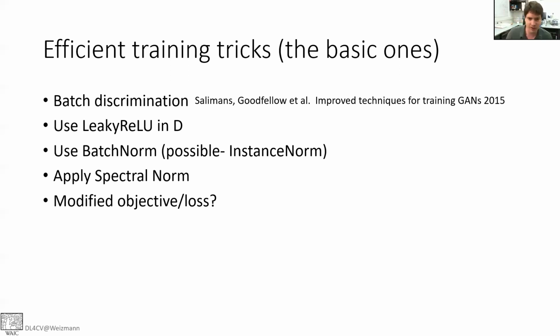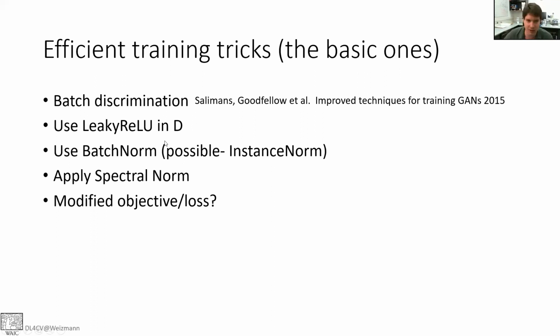In the extreme case, if I generate a batch where all the images are the same, the discriminator will at some point be able to say that this is fake, because it's not used to seeing such repetition.